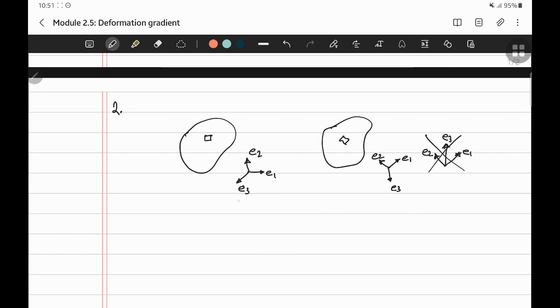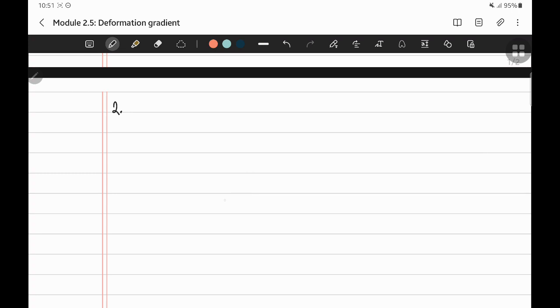So we always want our deformation to follow the kind of configuration we had in the reference configuration. Let me just write this here. So for this one, we need to have the determinant of F larger than 0, to be positive.